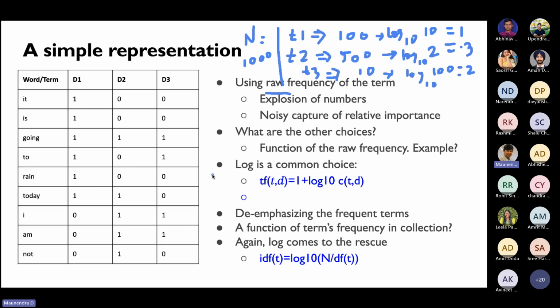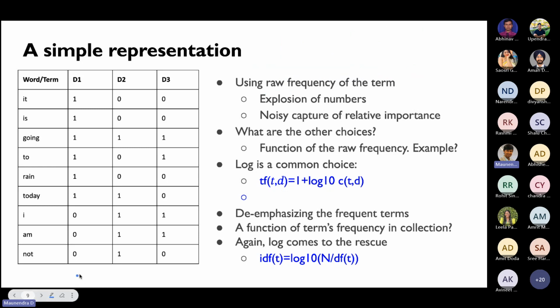Then instead of storing these ones, we'll use the term frequency, and at the same time, since each word should not have equal importance in the collection, we need to consider IDF weight also. So finally, whatever value will go inside the vector is TF of T, D multiplied by IDF of T.